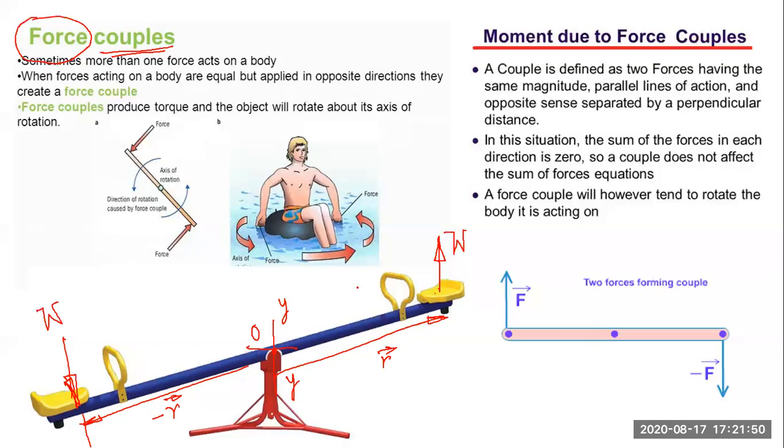So what is the moment due to the load W about point O? M_O due to the load or the force W, which is upward, is given by R cross W. Since R and W are perpendicular here, theta is 90 degrees, so sin theta is 1.